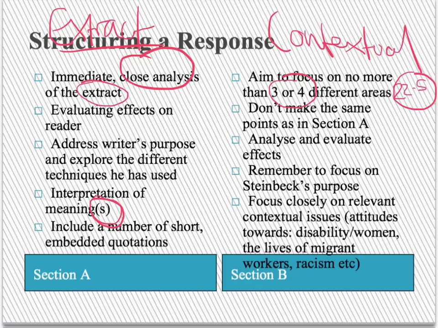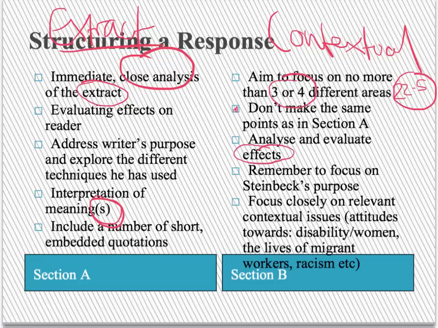And if you're going to be doing any more than 3 or 4, you're not doing them in sufficient depth. So don't try and show the examiner you know everything about this novel. Show them that you can interpret and evaluate a few very key points. Avoid repeating yourself, so avoid making the very same points as you have done in the extract in section A, part A.